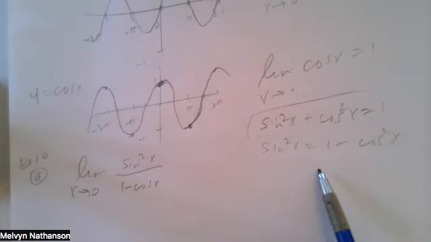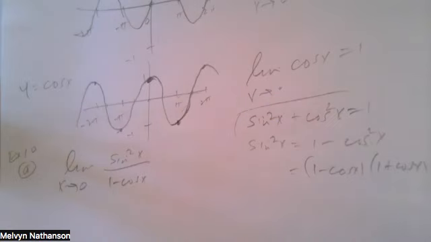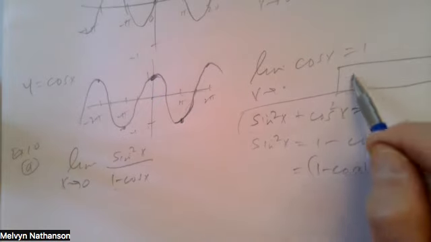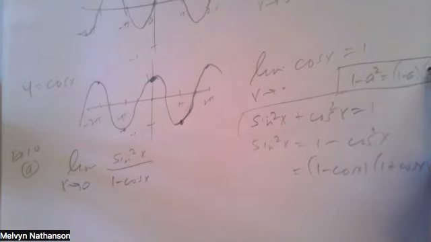And this factors: it is 1 minus cosine x times 1 plus cosine x. Because one of the factorization formulas, the simplest, most basic one, is that 1 minus a squared is 1 minus a times 1 plus a. In calculus, we use this all the time. You have to know this.